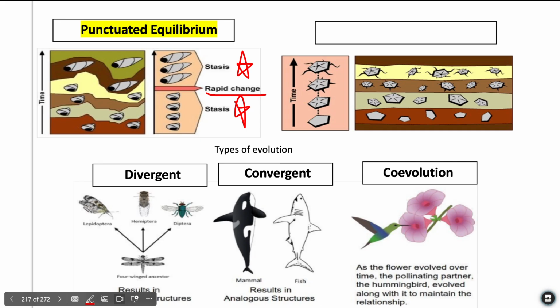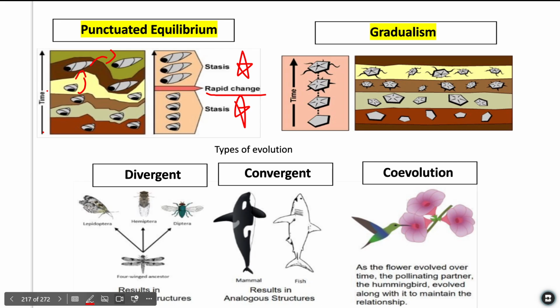So from the beginning, the past, to about midway, these fossils are the same shape, same size. So they went through no change, stasis. Then out of nowhere, from one level to the next, one era to the next era, we see a sudden change from small to big. That's rapid change. But then going to the next level, we see no change again.